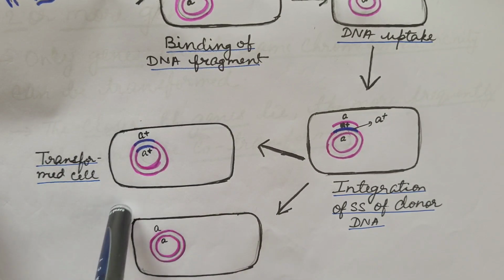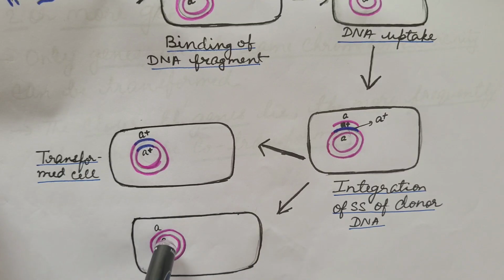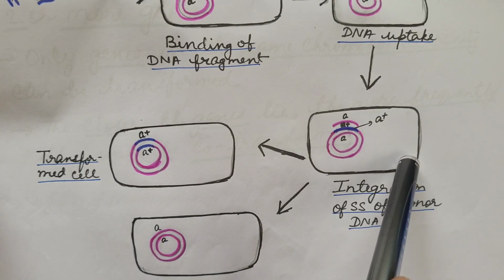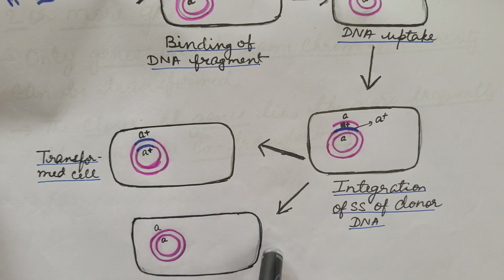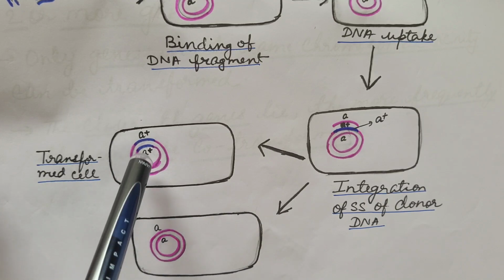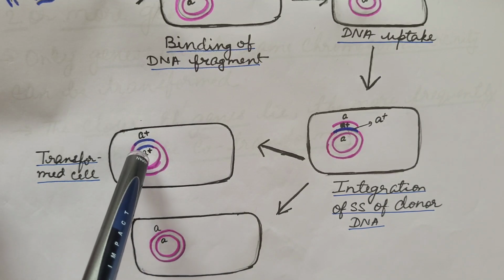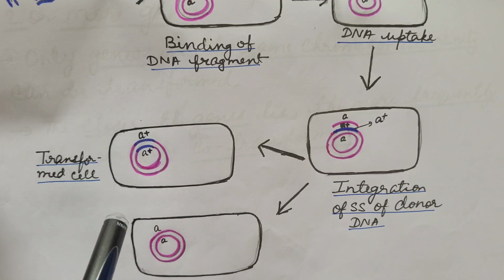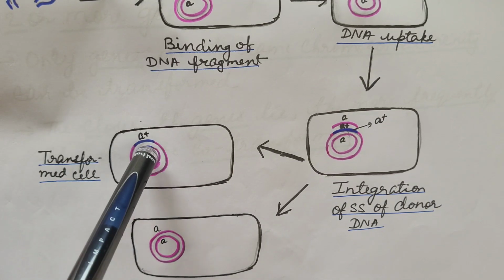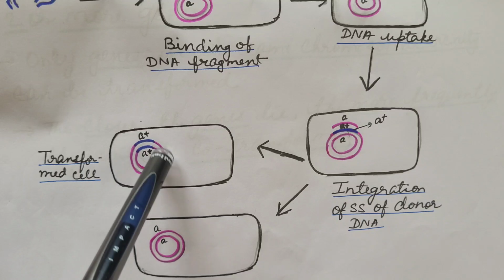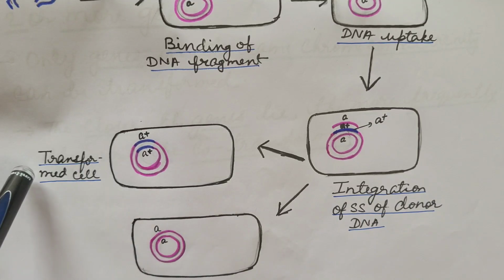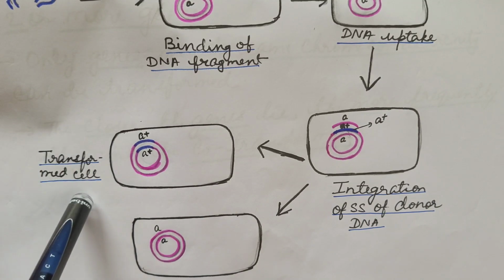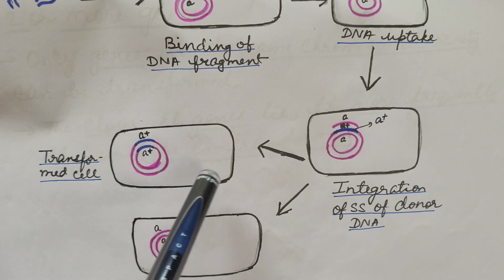Now two bacterial cells are obtained. One has the A allele, the same as the parental cell. But the other cell has the A plus allele. So this cell has the recombinant DNA, and it is known as the transformed cell or the recombinant cell.